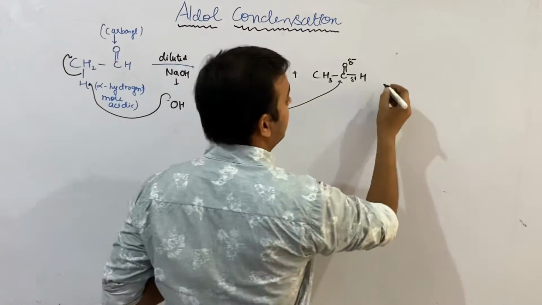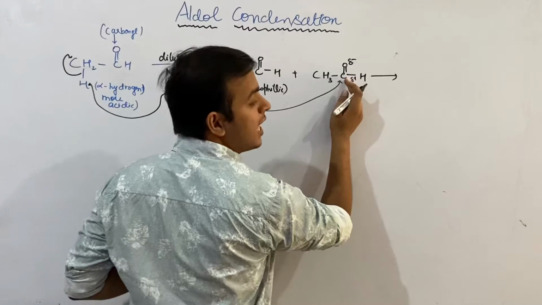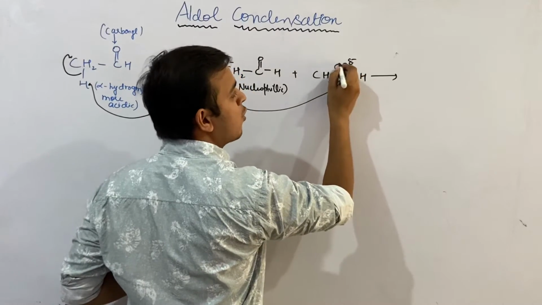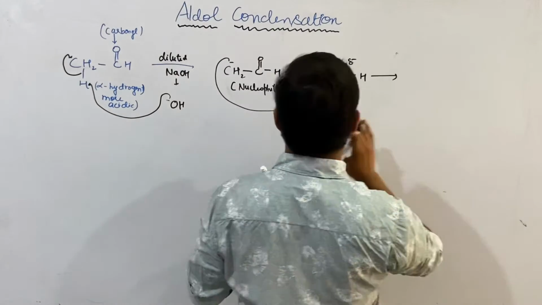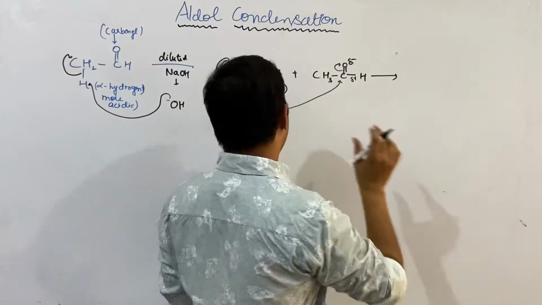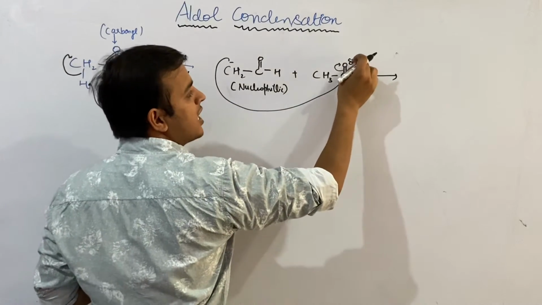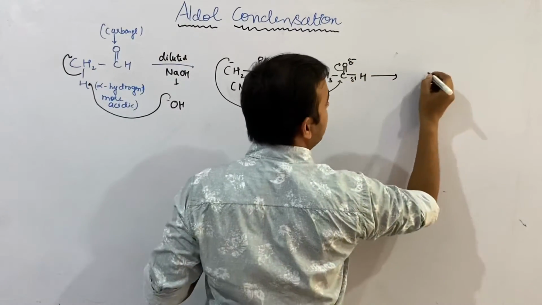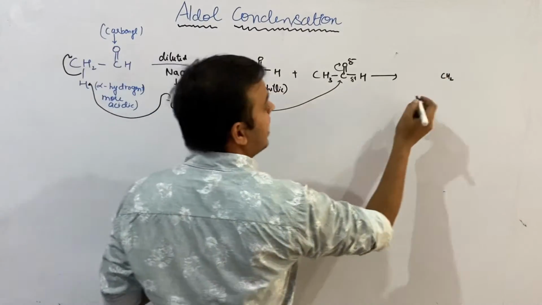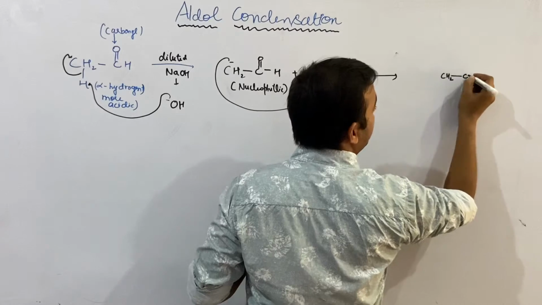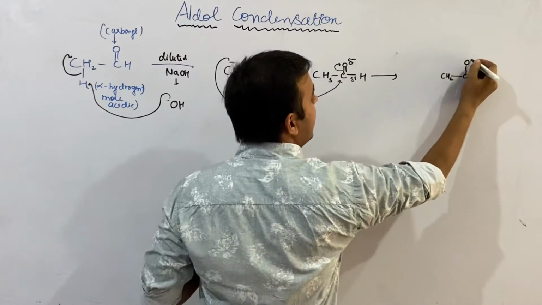In the next step, what will happen? It will attack that carbon, and the electron density goes to the oxygen, and the negative charge comes on the oxygen simultaneously. I am drawing the whole scenario. This carbon is directly bonded to that carbon, and the negative charge goes to the oxygen. This is CH2, the carbon which had the negative charge. It bonds to the carbonyl carbon, and that electron density goes to the oxygen, giving it a negative charge.